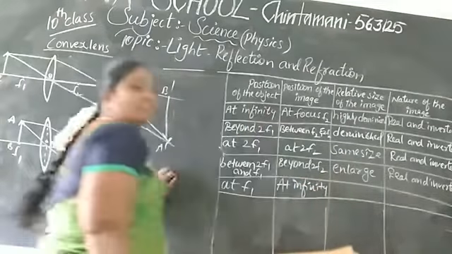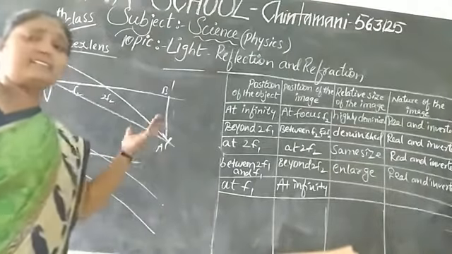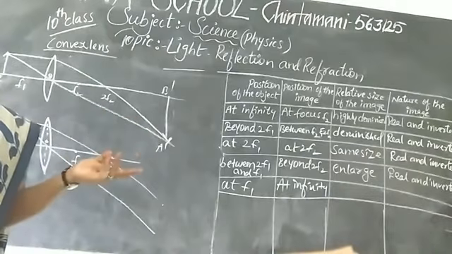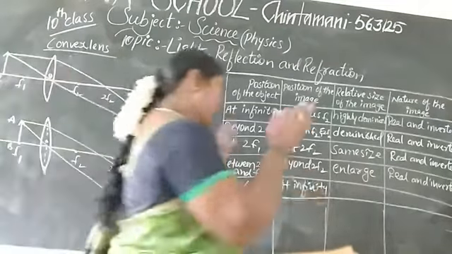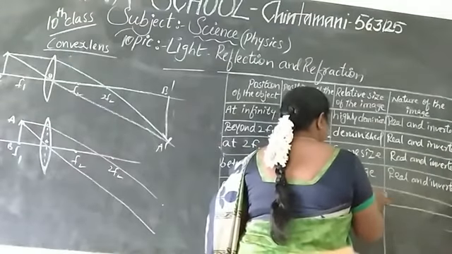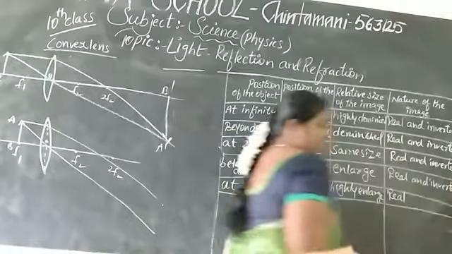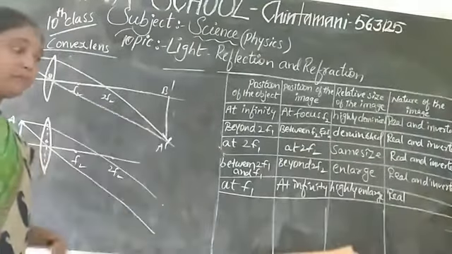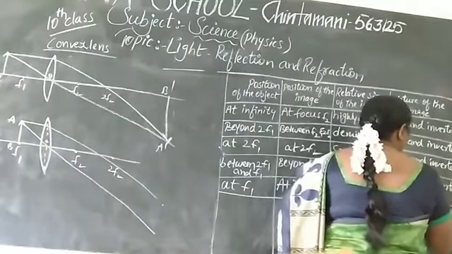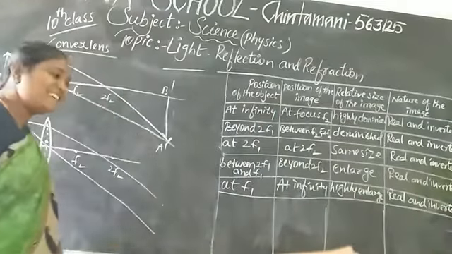We can see it going somewhere. The image will form at infinity and is also highly enlarged, and that is the real image. The real and inverted image we can see.